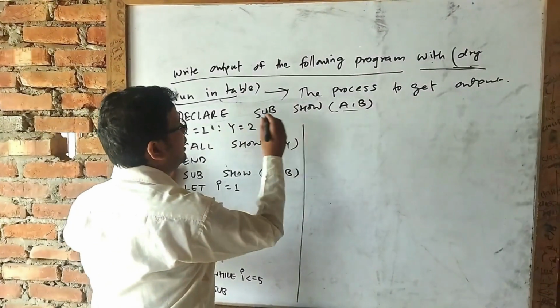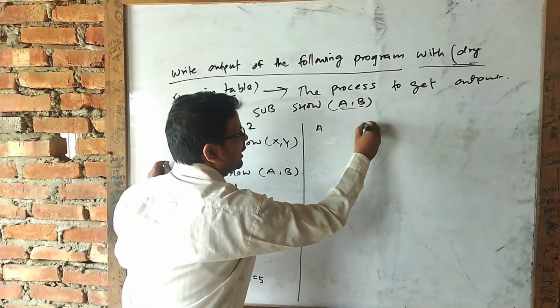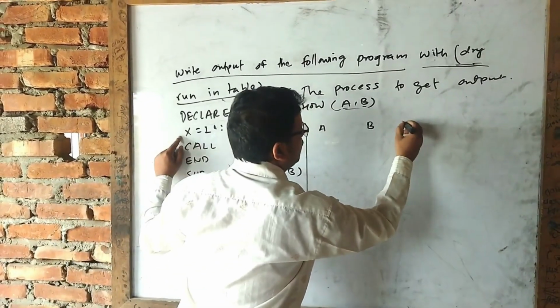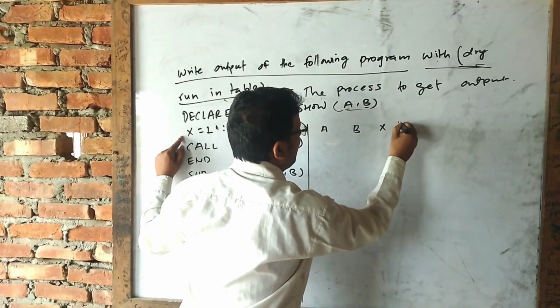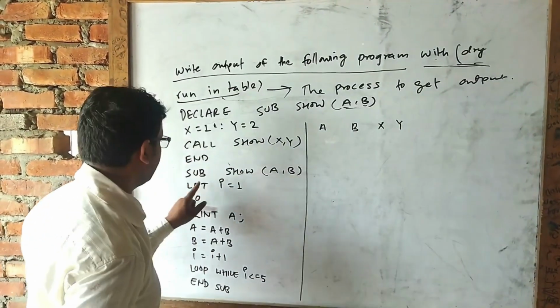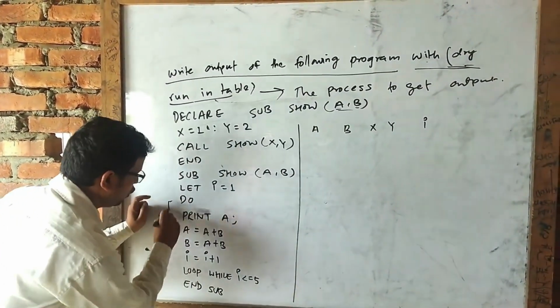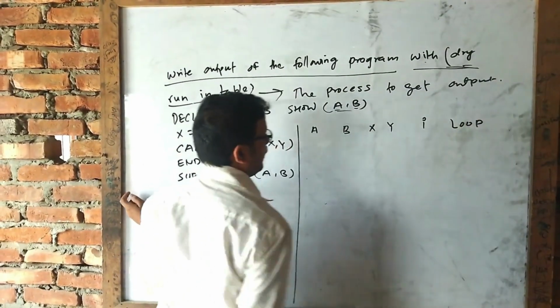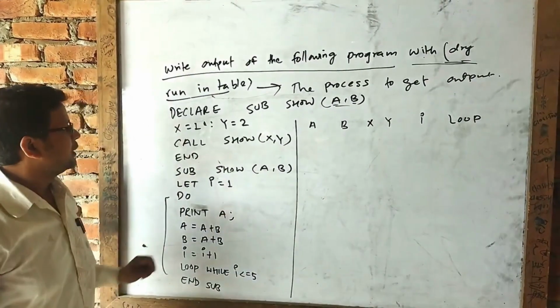So first, the parameters are A and B, then X and Y, and also I, and here the do loop. It is just the parameters which we need in the table.